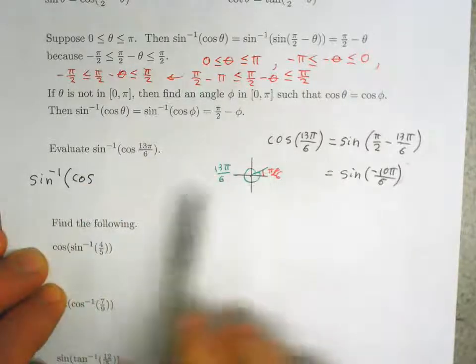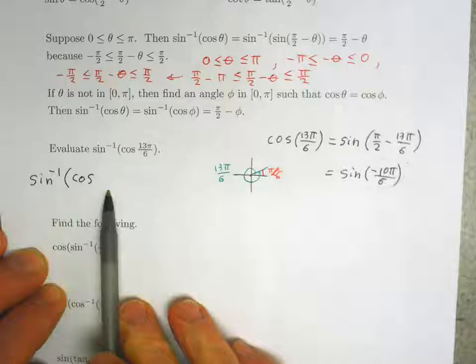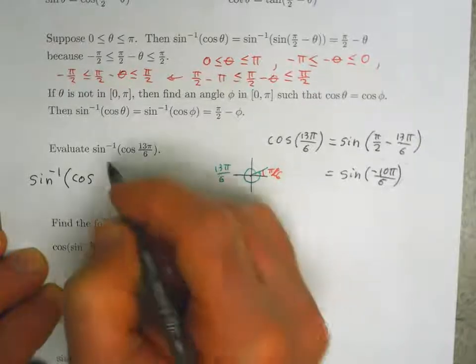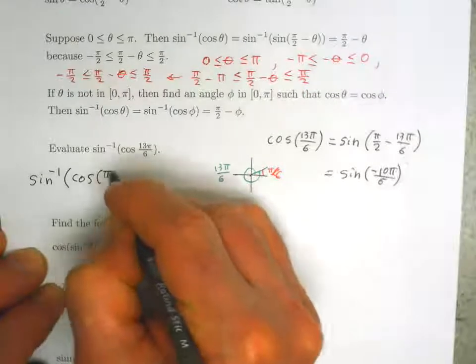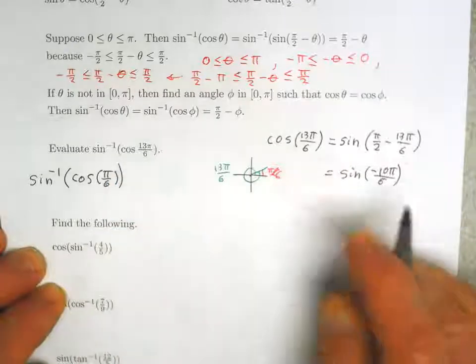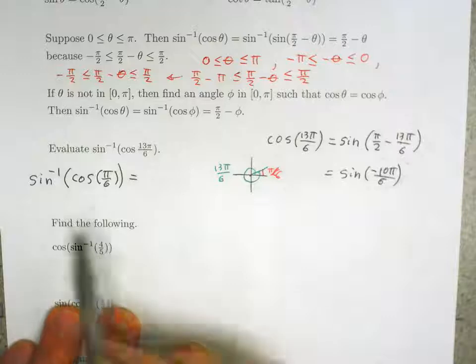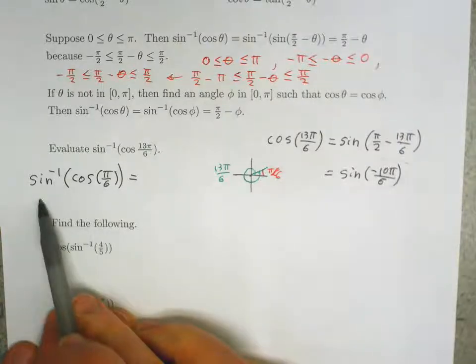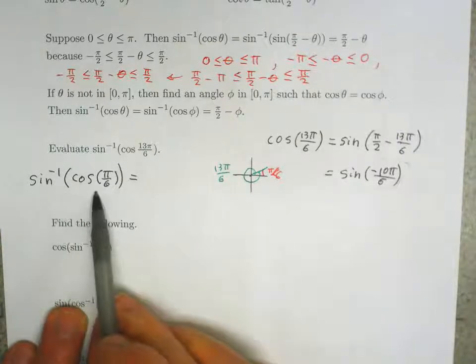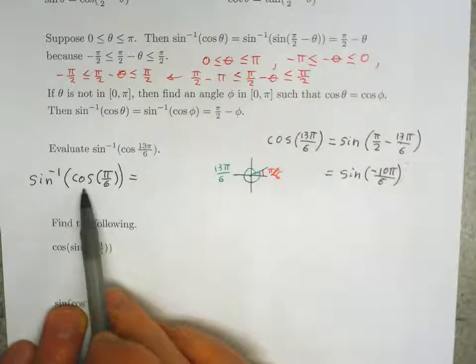In the first quadrant, cosine is positive. So the inverse sine of cosine of pi over 6, and so what do we do now?